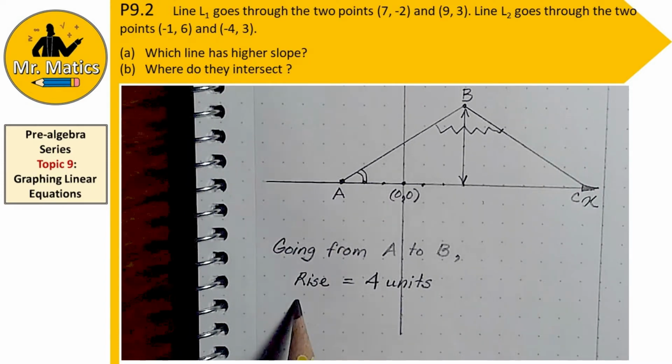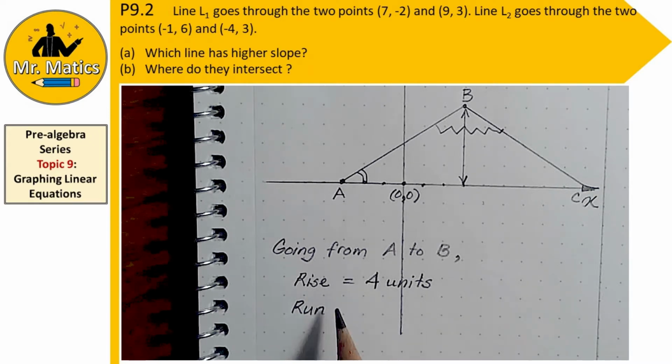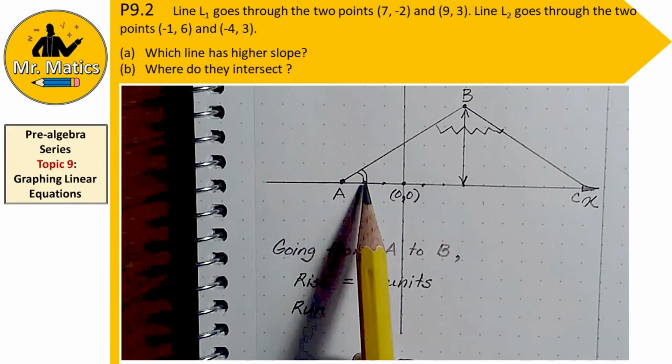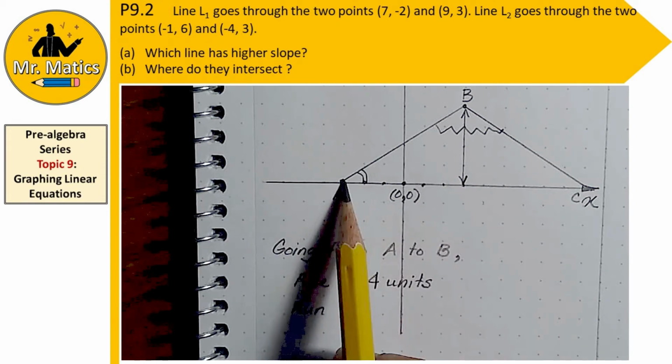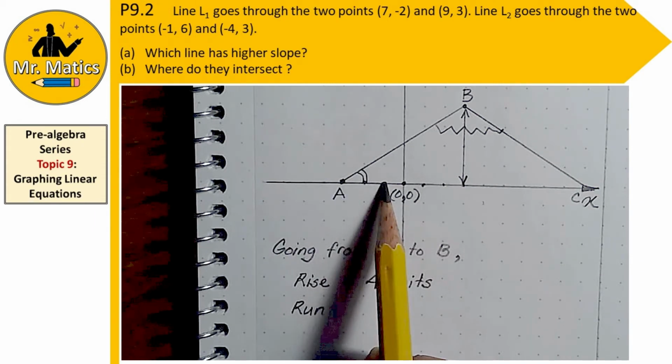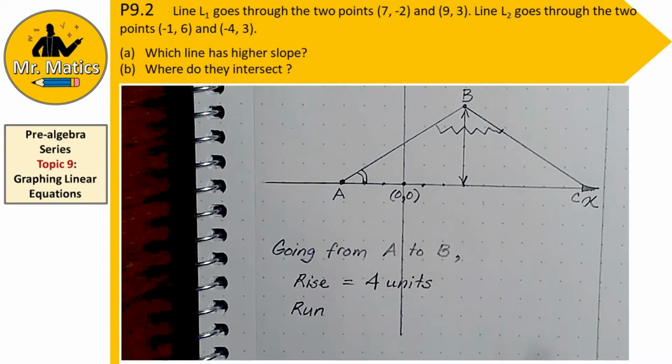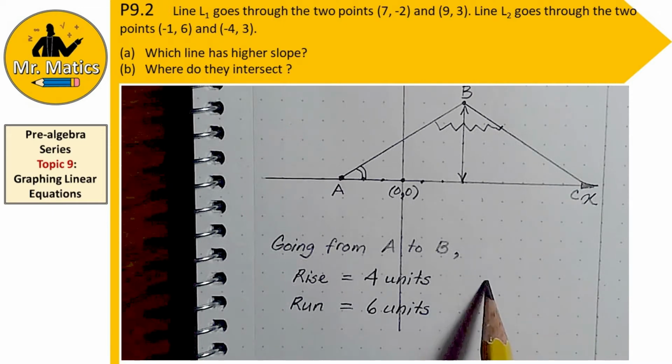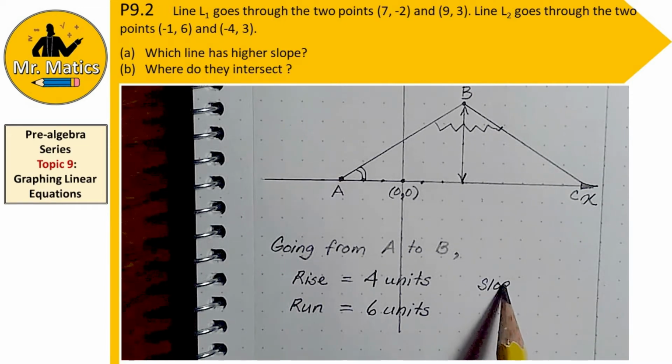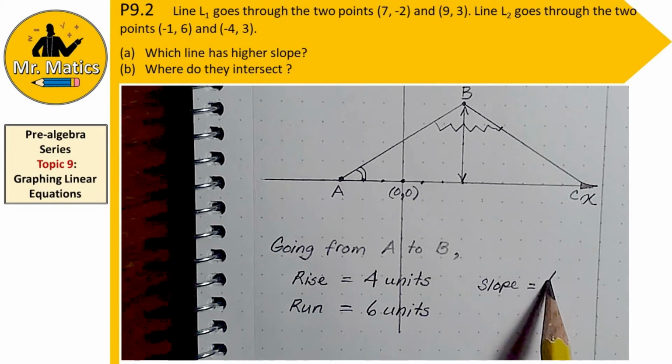And run, this is the lateral movement, or how much you have moved, will be 1 unit, 2 units, 3 units, 4 units, 5 units, and 6 units. So run is 6 units. And slope is the ratio of rise and run.